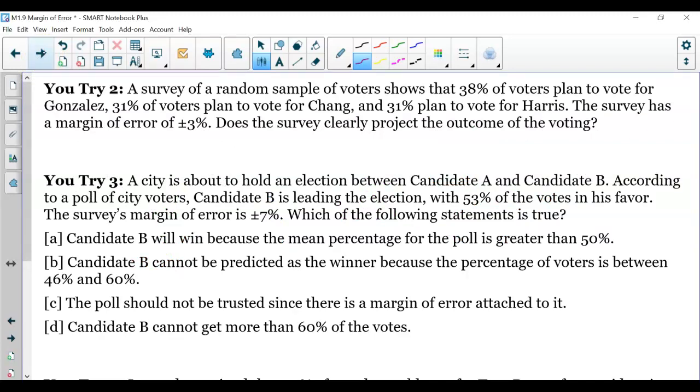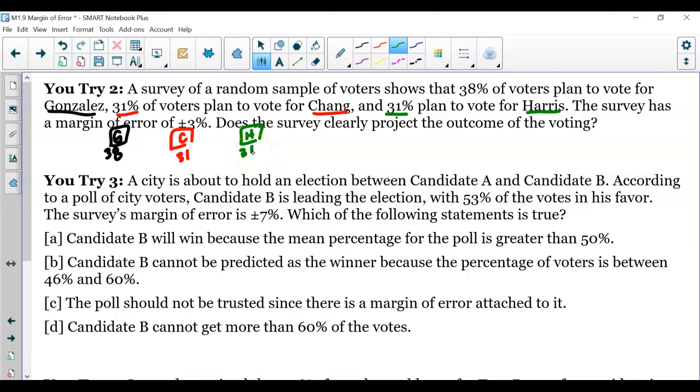So go ahead and pause the video and try the two Utries on your own. And here we go. So for the first one, you had 3 people. Right now, Gonzalez was at 38% of the data. 31% was for Chang, and Harris was also at 31%.